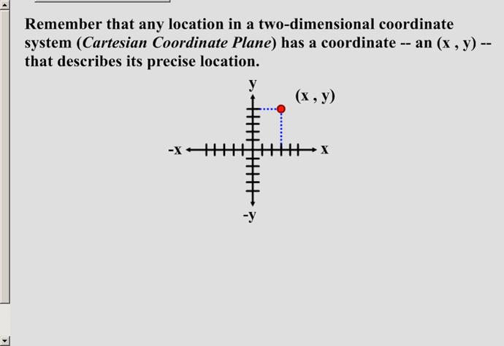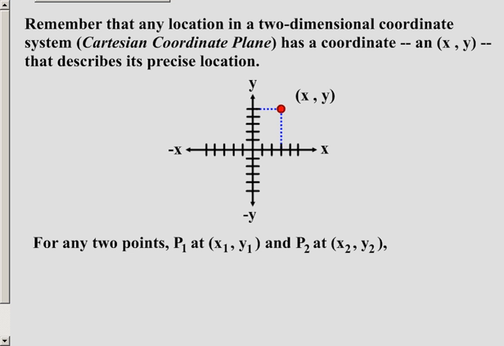In this case, it would be a positive x value, looks like positive 3, and a positive y value, looks like positive 5, because it did hit the positive x-axis and the positive y-axis. Said that incorrectly.